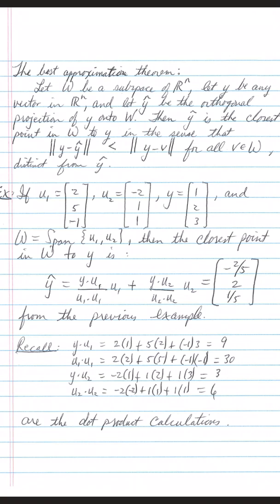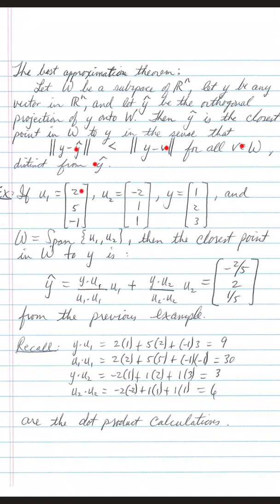Then y hat is the closest point in the subspace to y, in the sense that the magnitude of y minus y hat will be less than the magnitude of y minus v, as long as vector v is distinct from y hat. Let's do an example.